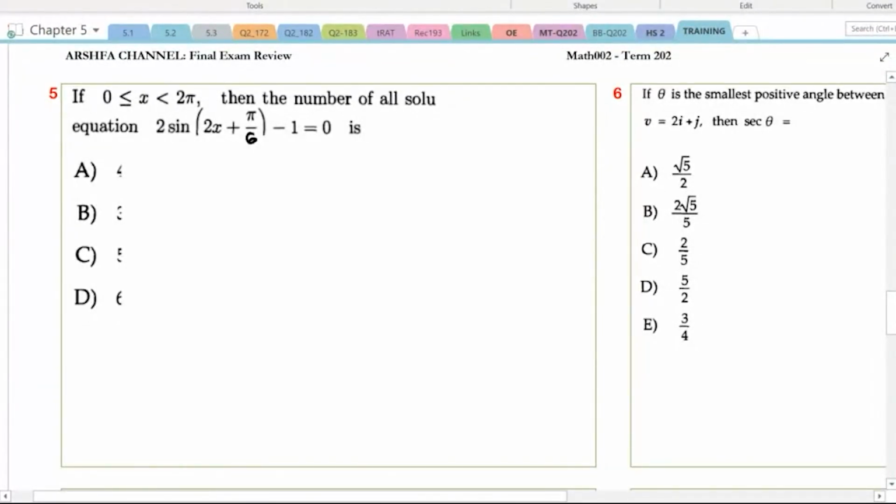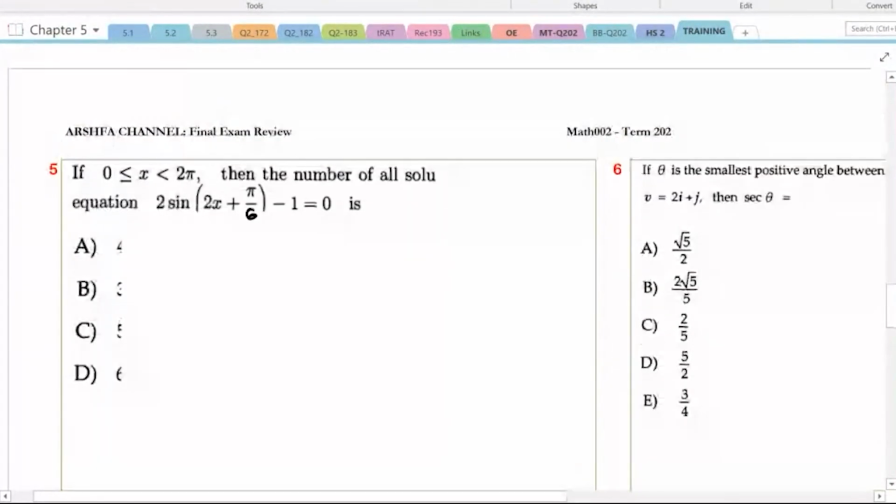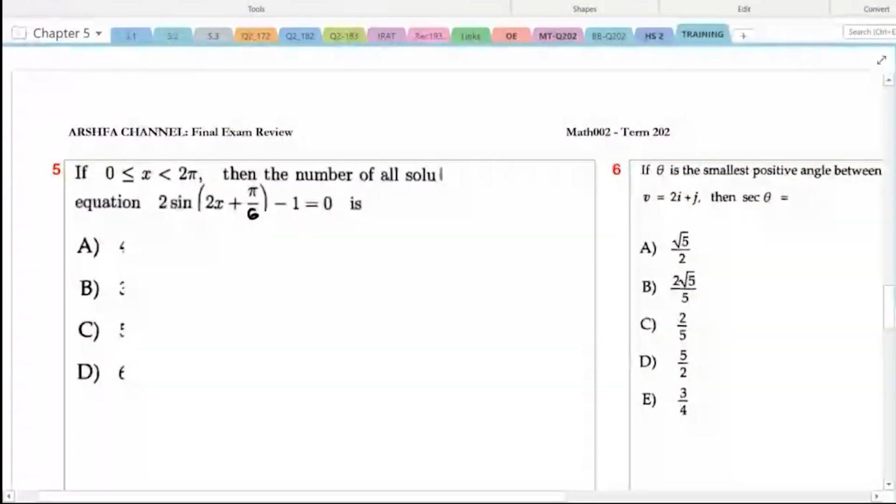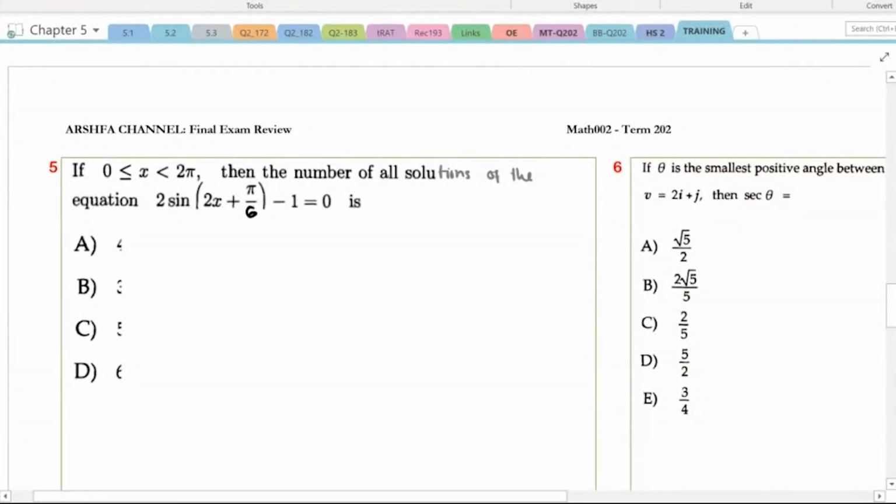All right. The question says if x is between 0 and 2 pi, then the number of all solutions of the equation is what?